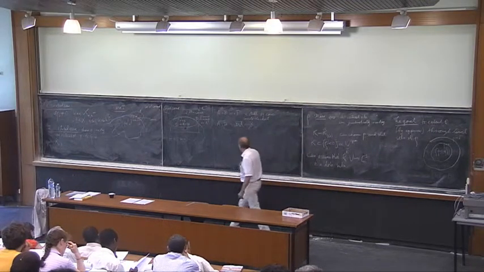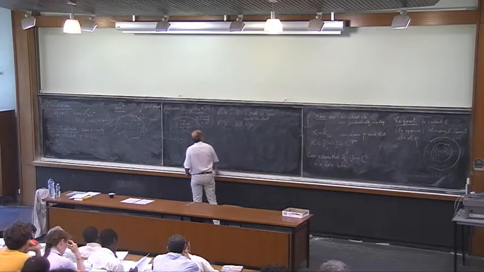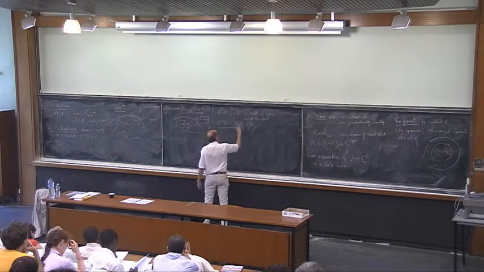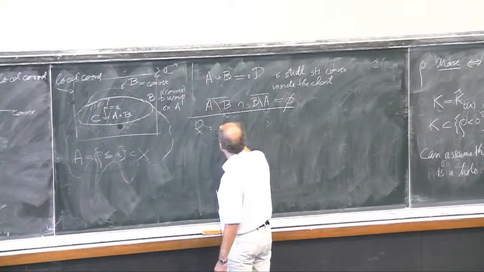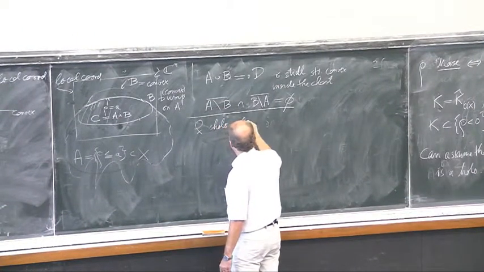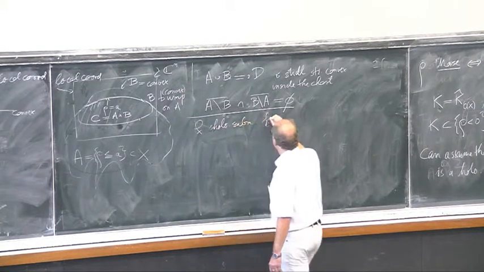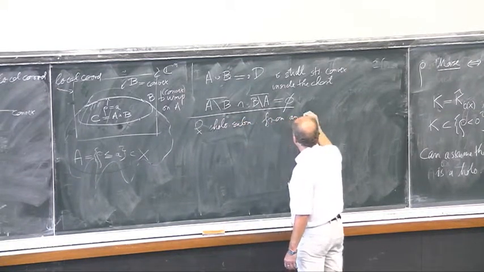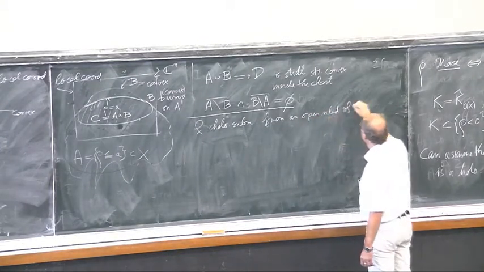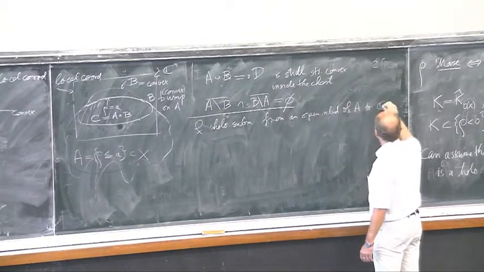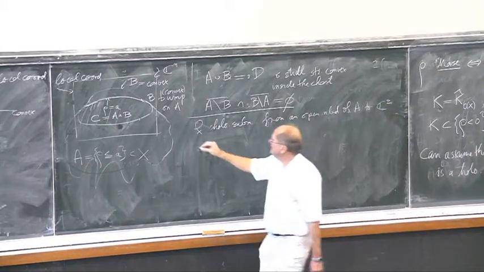So we have F, which is a holomorphic submersion from an open neighborhood of A to Cq. This is what we have.